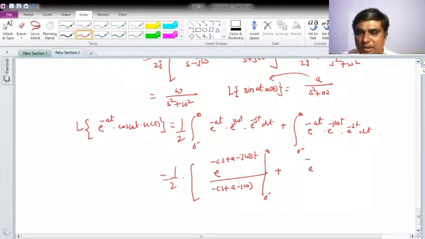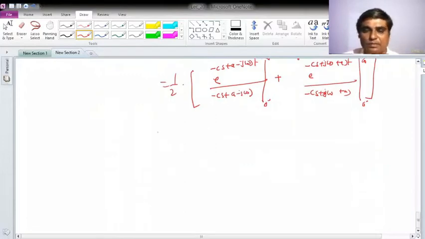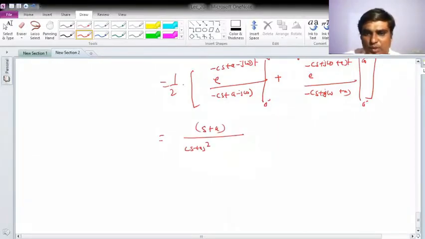Here again it is minus s plus j omega plus a t over minus s plus j omega plus a, and it will vary from 0 negative to infinity, and if we put in the lower limit and higher limit, it comes out to be s plus a over s plus a square plus omega square. And how shall I solve?